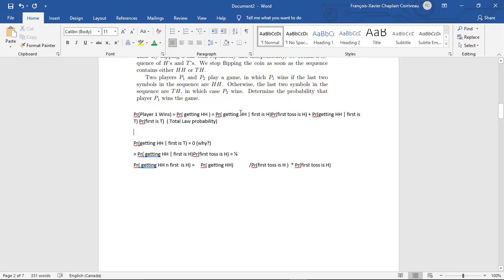And then you say, well, okay, so the only outcome in which he can win is if the sequence is heads in the first two positions, right? The first two tosses are head, and that's 1/4. You could write this in English. The idea is just that total law of probability formalizes what you wrote down in English. That's the only idea here.